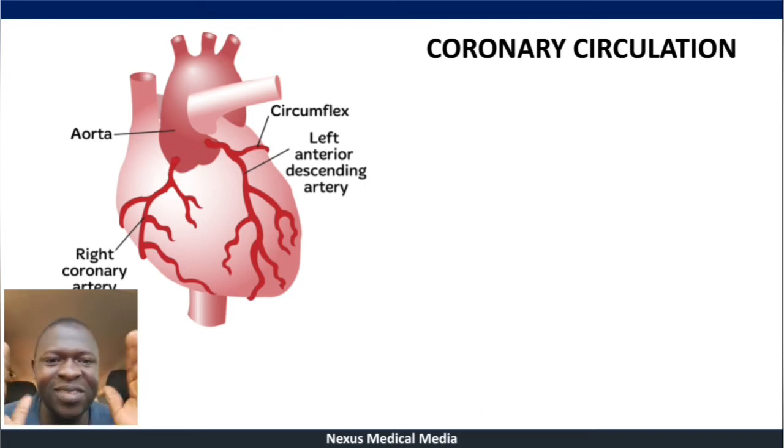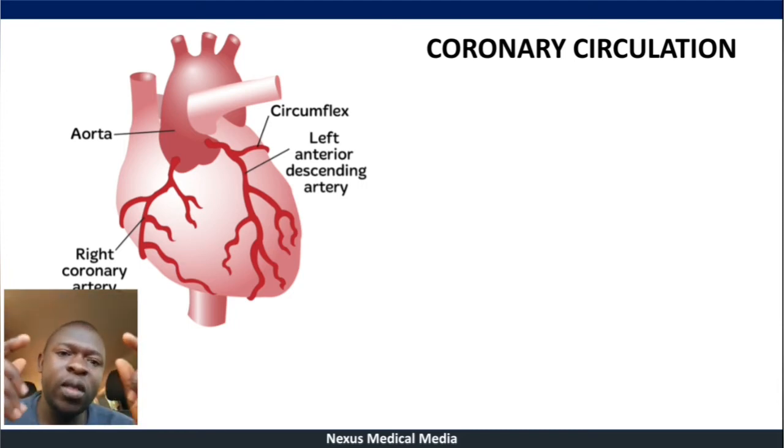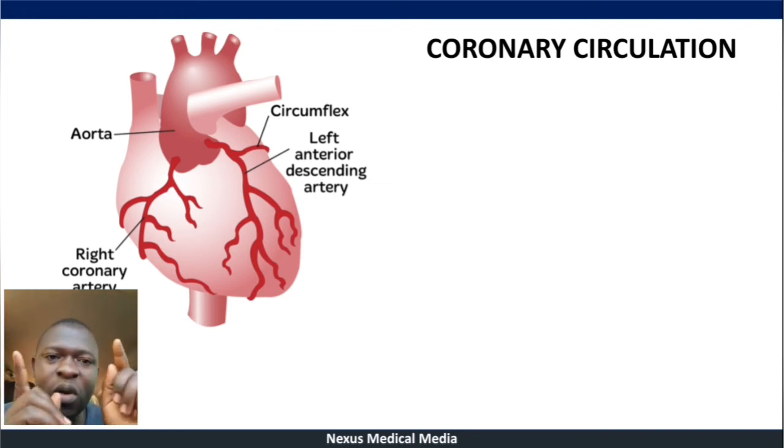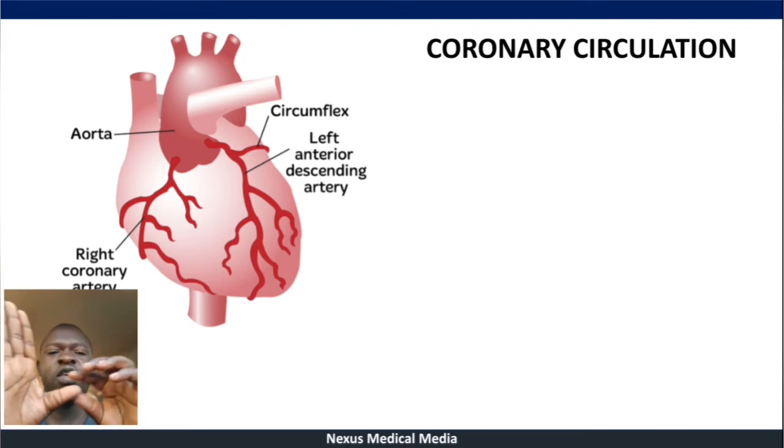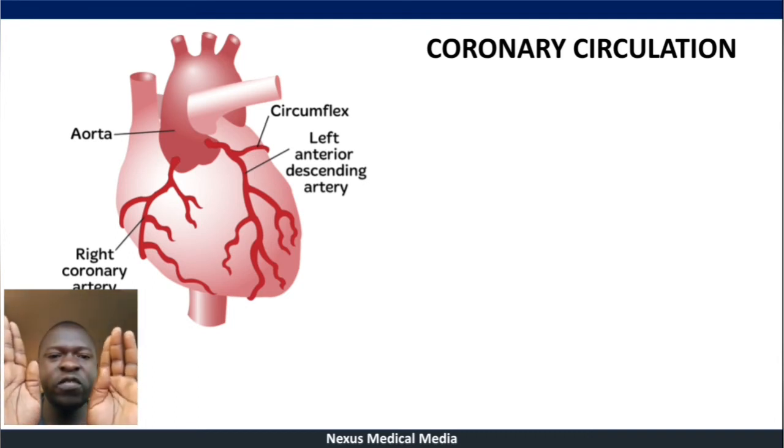But look at this. This is an amazing piece of physiology. When you pump blood during systole, blood will go out and the valves will close, because the beginning of these coronary arteries is, let's say, behind the valve leaflets.